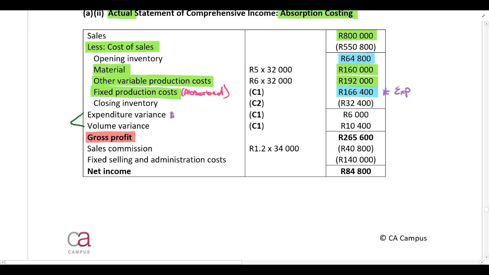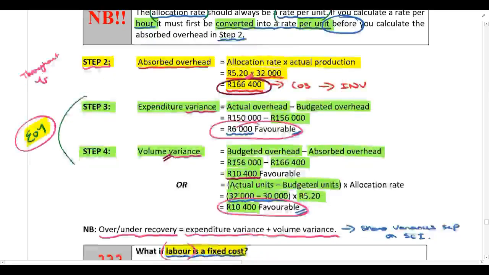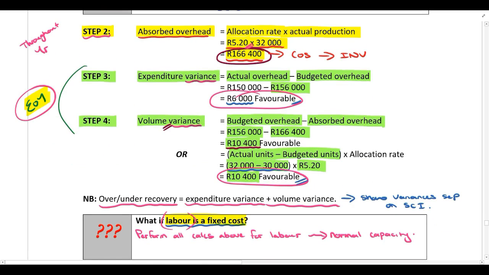So we need to take these variances into account. And after we've done that, you will see the net effect is we are going to end up expensing our actual fixed overhead cost of 150,000 Rand. What are the variances that are calculated? We have a favorable expenditure variance of 6,000 Rand and a favorable volume variance of 10,400.